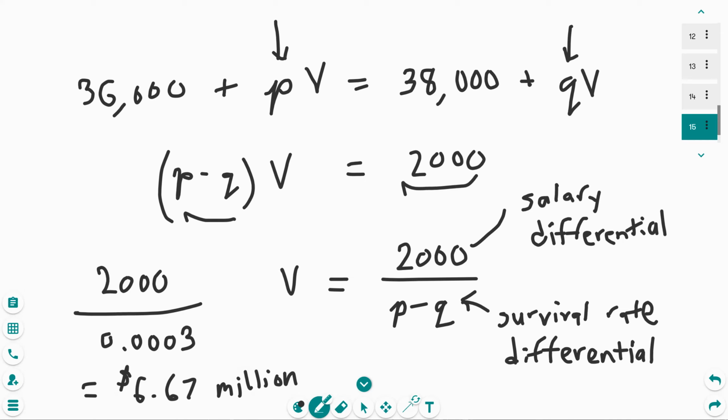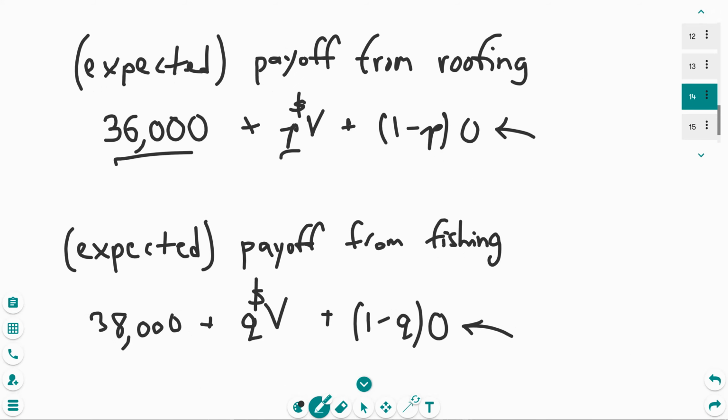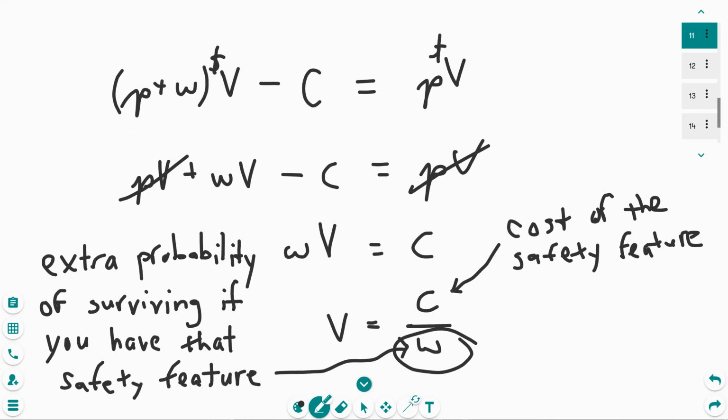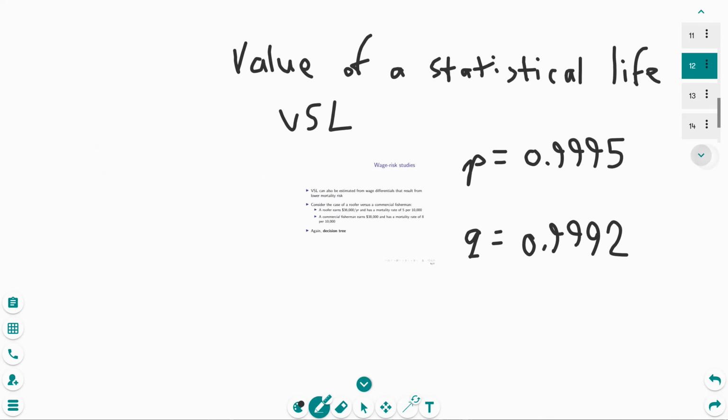Now, this is exactly analogous to the consumer purchase case we had before. In this case, the salary differential is like the cost of the good. So if you're roofing, you're taking $2,000 less, and in effect, you're paying $2,000 to get a higher chance of surviving, which is exactly like the C that we looked at for the cost of a safety feature.